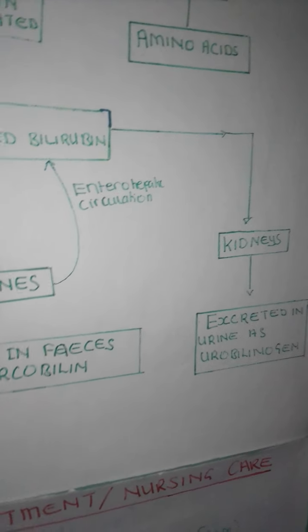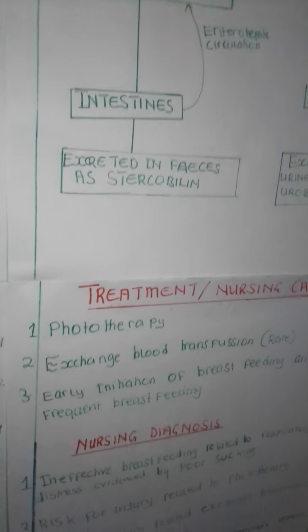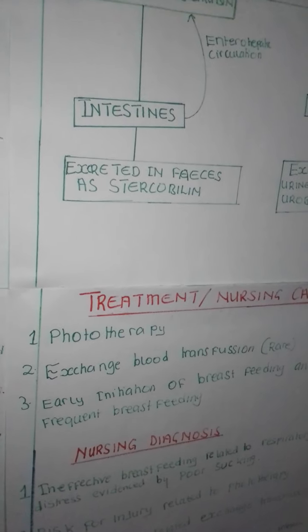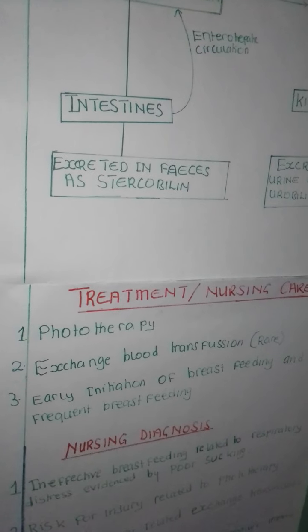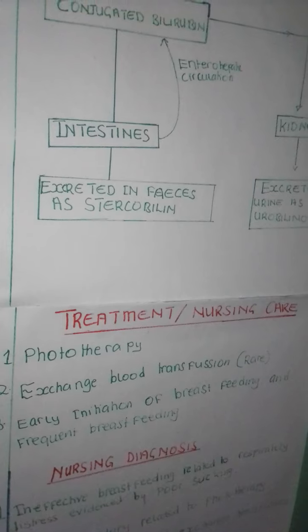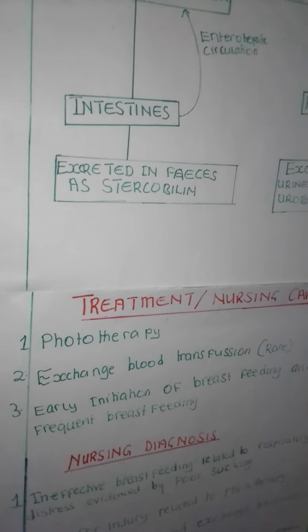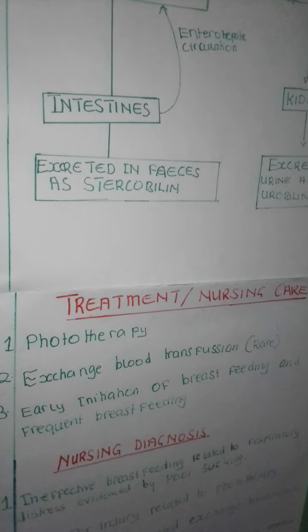So what's the treatment? Phototherapy is one of the treatments that can be done. This will help break down the unconjugated bilirubin. Then there is also exchange blood transfusion.